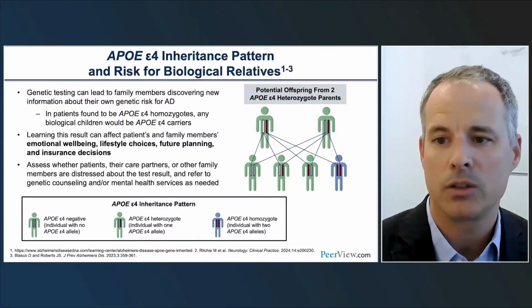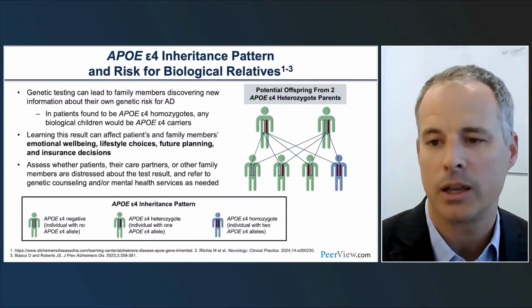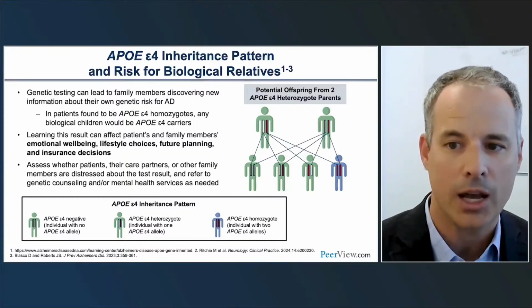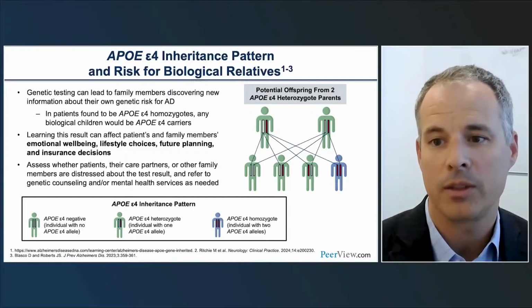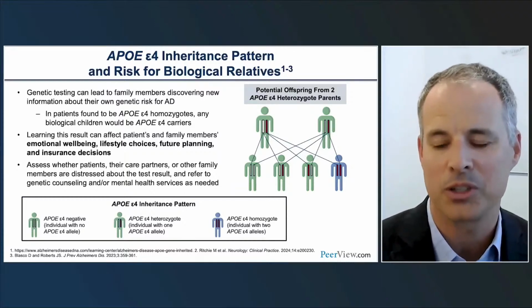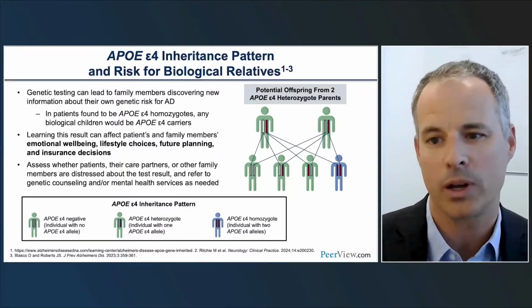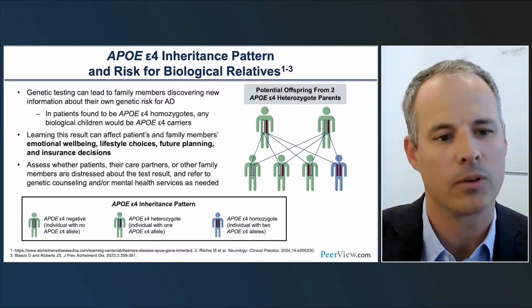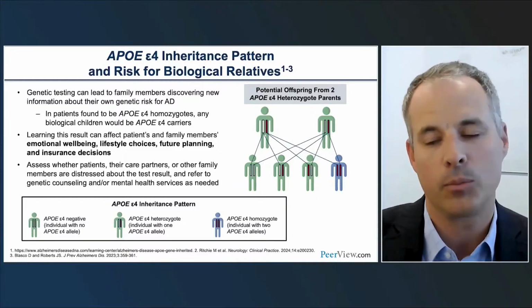If you have a patient that's there with their child and you disclose that they're ApoE4 homozygote, that means that their child is also finding out that he or she is ApoE4 heterozygote at best. And we actually don't know their genotype, but they will know they'll have at least 1 copy of ApoE4. So that is important to know.